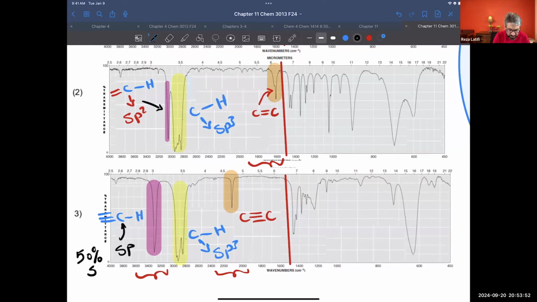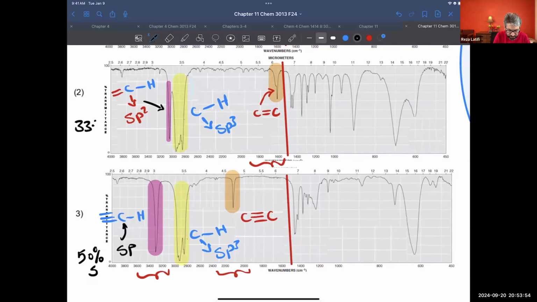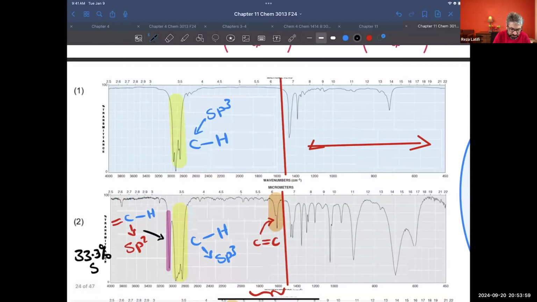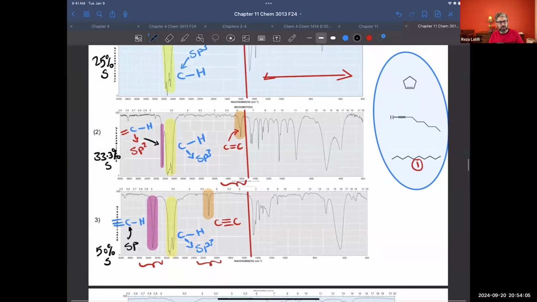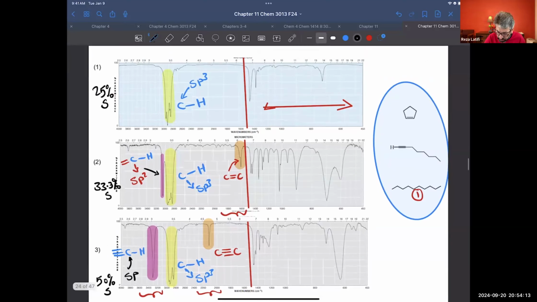This one is 33.3% s character, and the top one is only 25% s character. As you increase s character, the bond length gets shorter, and it will require higher energy to vibrate it. So I'm going to assign this one to the second spectrum, and that one is going to be the third one.